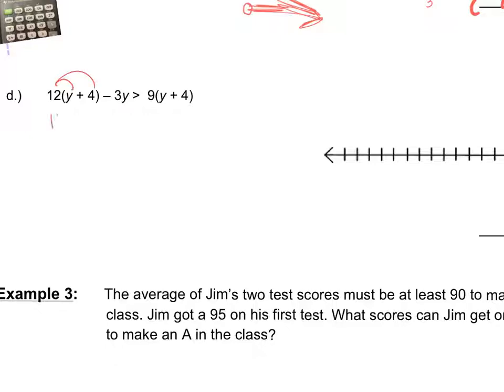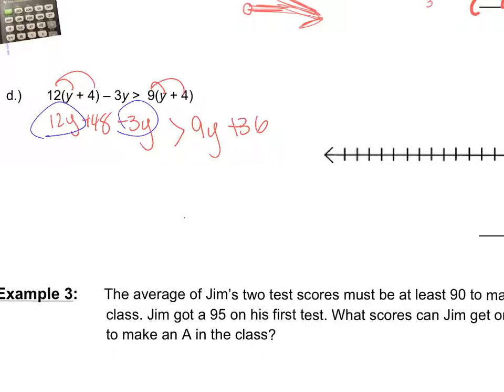Distribute: 12y plus 48, rewrite, minus 3y is greater than 9y plus 36. And now we're going to go ahead and combine like terms. We can combine 12y minus 3y, which is 9y, rewrite, plus 48 is greater than 9y plus 36.